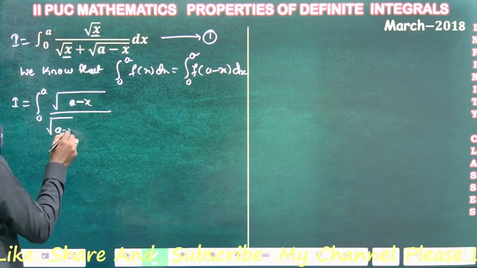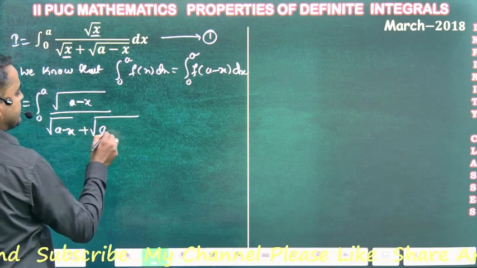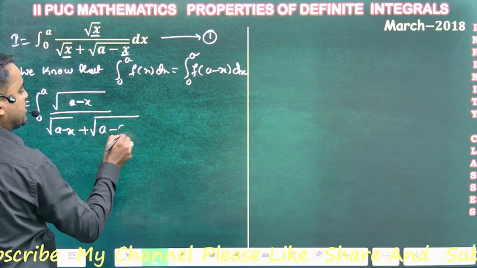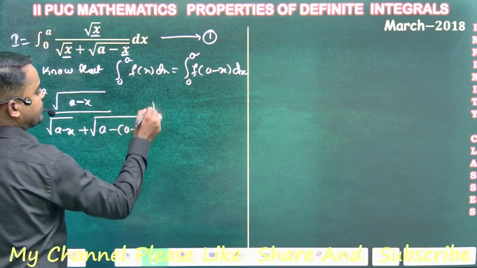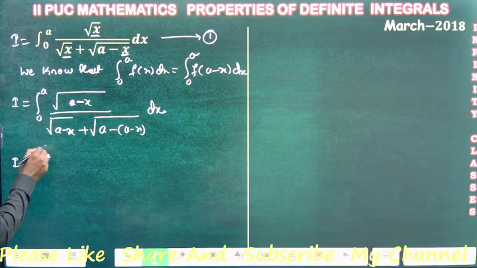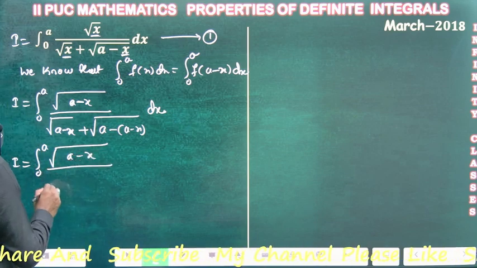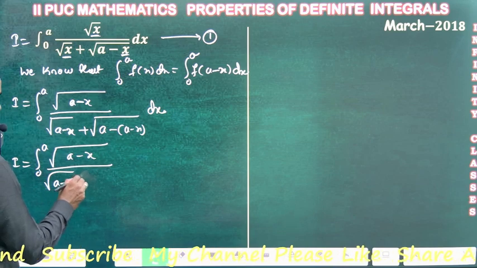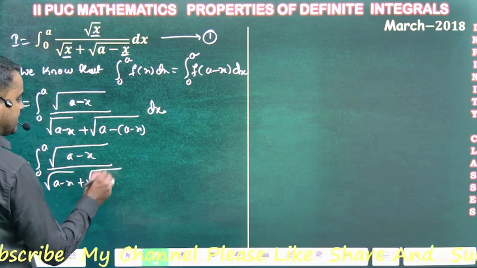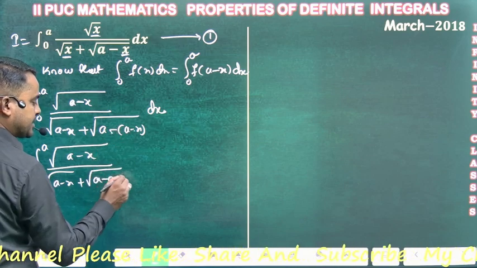Plus root of a minus x here, x changed to a minus x, dx. Now I is equal to the integral from 0 to a of root of a minus x divided by root of a minus x plus root of a minus a, open the bracket, minus a, minus into minus plus x.